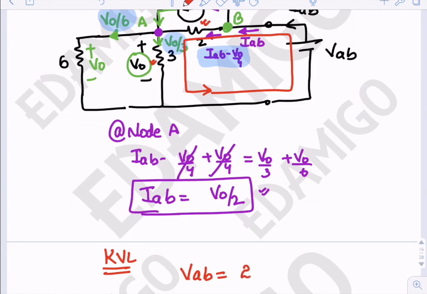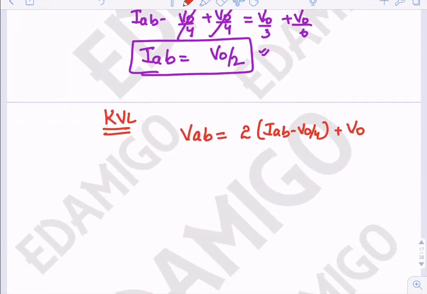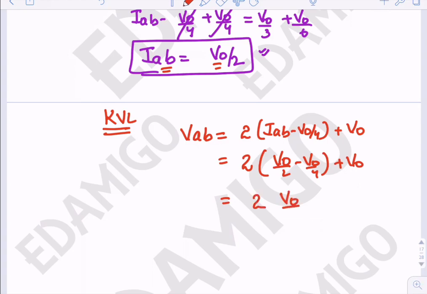So the drop across the 2 ohm resistance is 2 into (IAB minus V0 by 4), plus V0, because the 3 ohm resistance has a drop of V0. So it is 2 times (V0 by 2 minus V0 by 4) plus V0. That is 2 times V0 by 4 plus V0, that is 1.5 V0, which is equal to VAB.